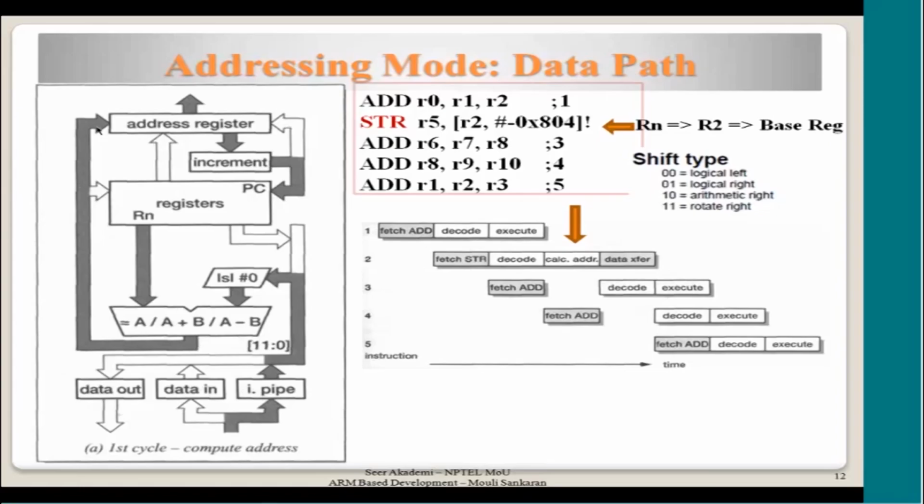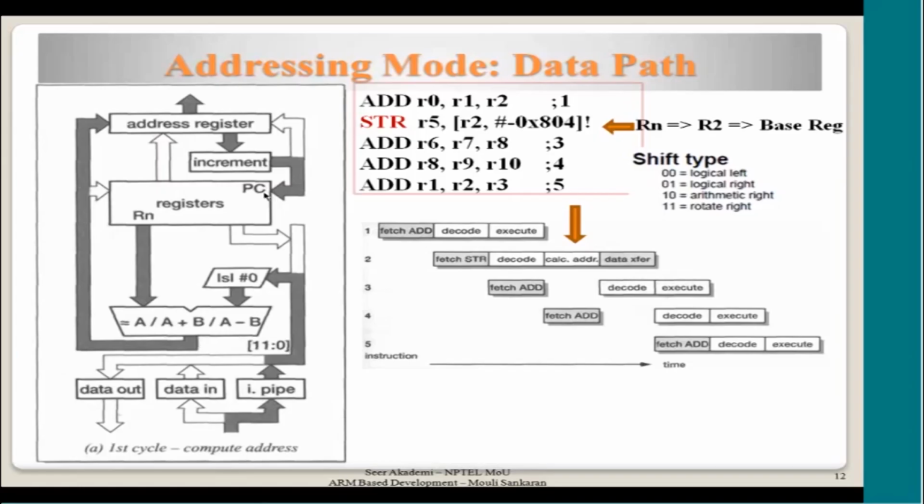Any two cannot be active together, right? Only one can be driving a particular value into the address register for the next memory access cycle. Similarly, during that time, whatever is the previous content is taken, incremented and written into PC.